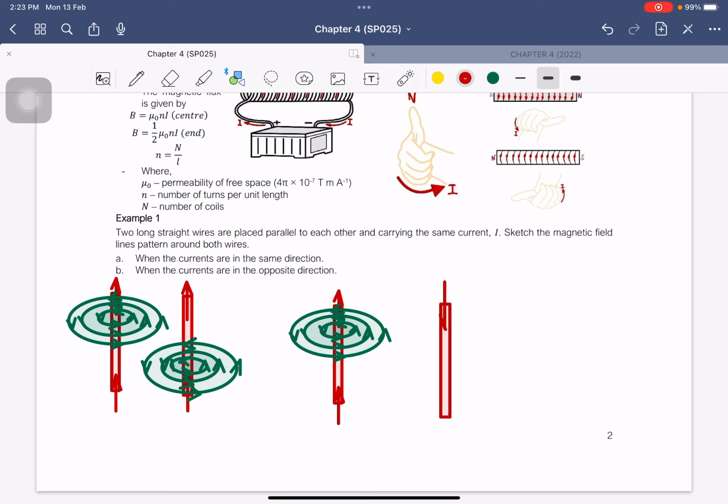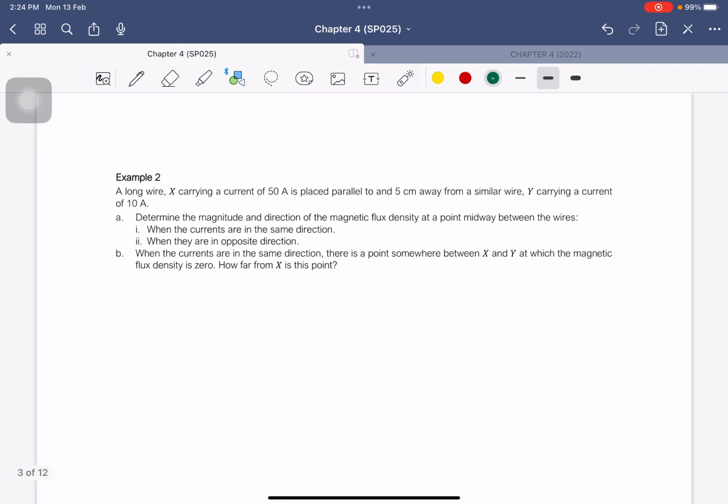For opposite direction, remember it will be clockwise. I'm just gonna draw it. Okay, clockwise. Rather than memorizing, you just have to apply the right hand grip rule, okay? So you just use right hand grip rule to determine the direction of magnetic field. Alright, so basically this is the magnetic field direction.